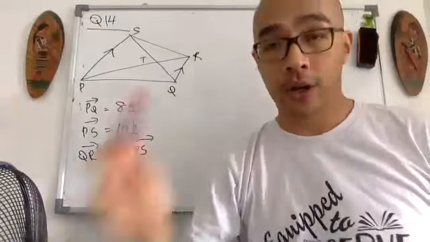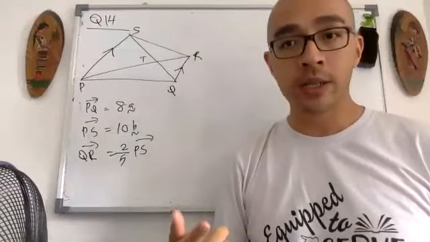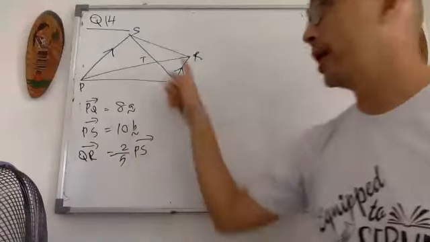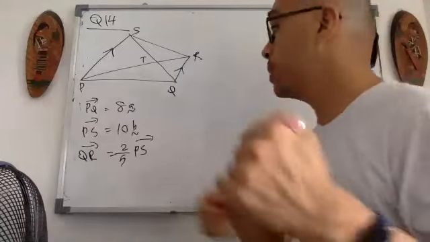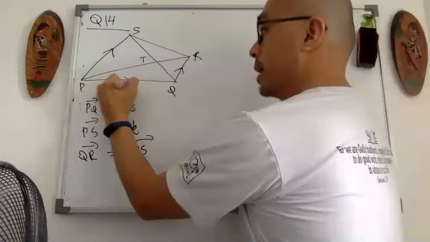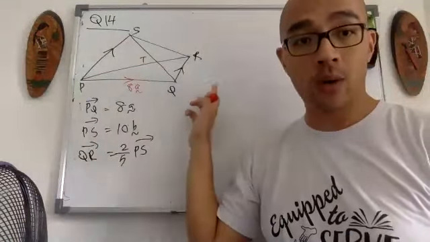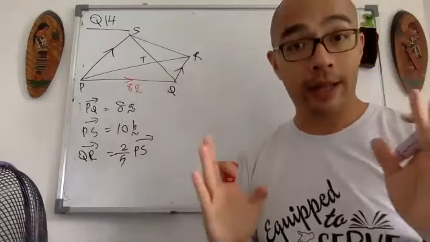First of all, I always like to mark everything out when I'm given the information. So PQ equals to 8A, so we find that this over here is 8A. The only thing we're given is that PS and QR are parallel.